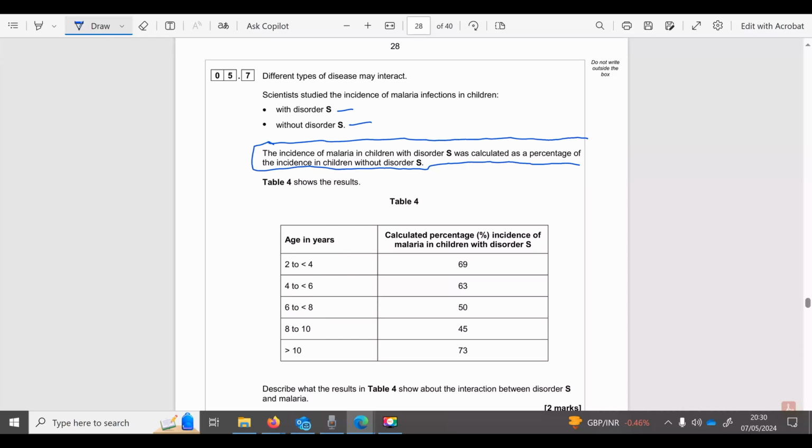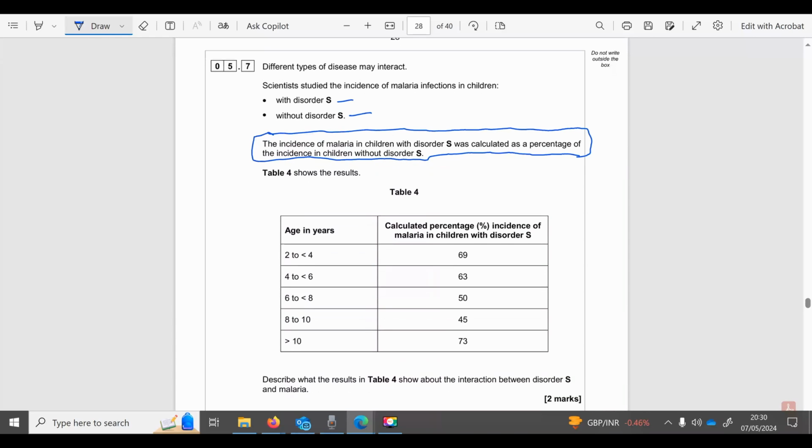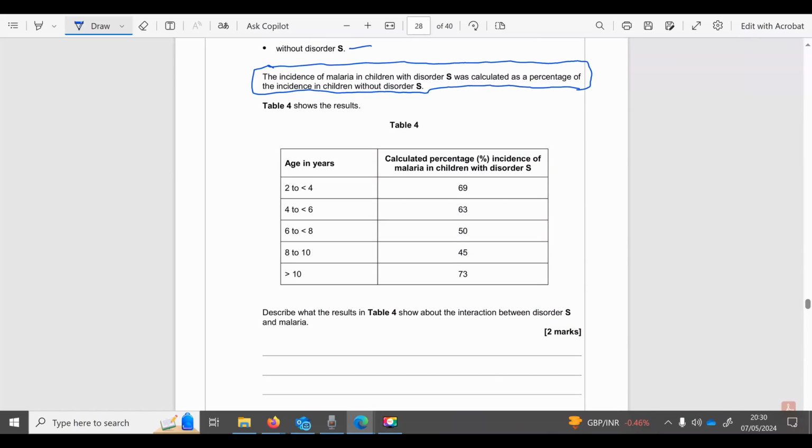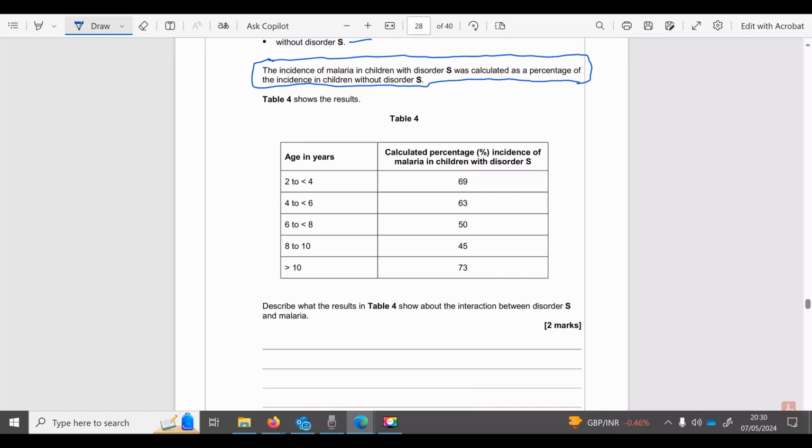Describe what the results in Table 4 show about the interaction between disorder S and malaria. 2 marks.